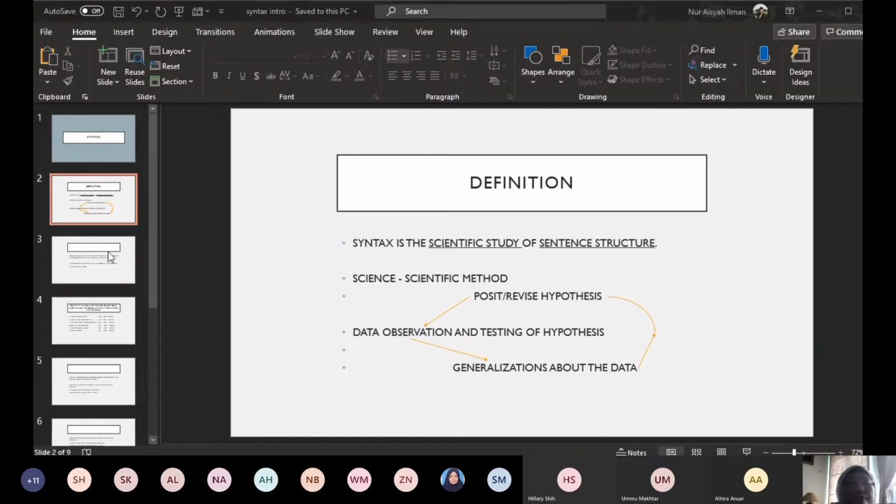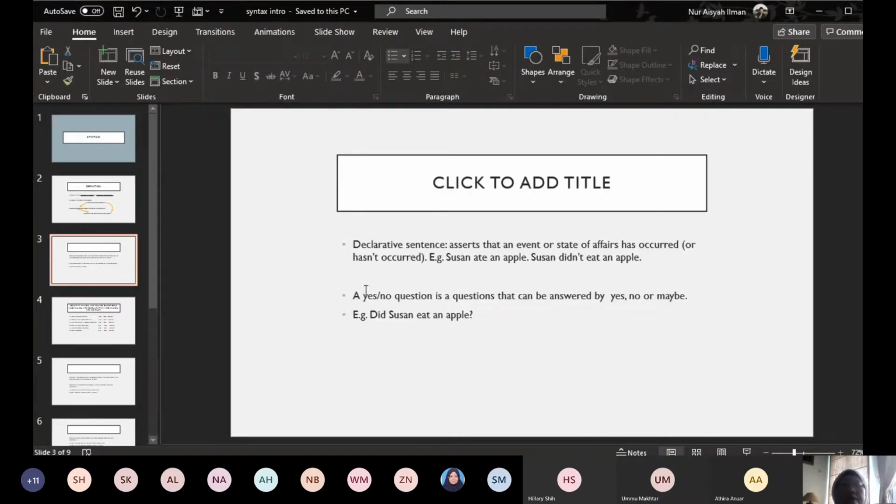Okay. So let's look at this. Okay, so let's say we have two kinds of sentence. One is a declarative sentence.